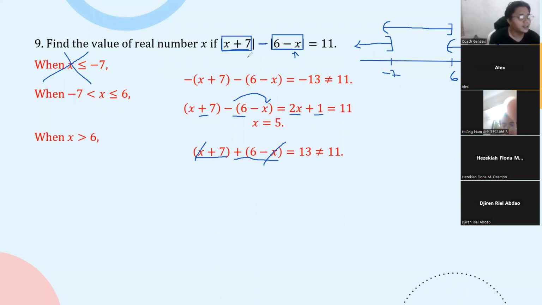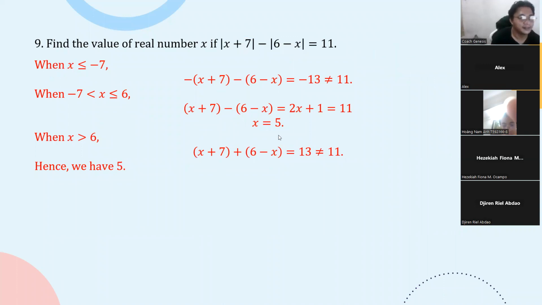However, 13 is still not equal to 11. So that means that the only value for x here is x is equal to 5. Hence, we have 5. Okay, so that's it for number 9.